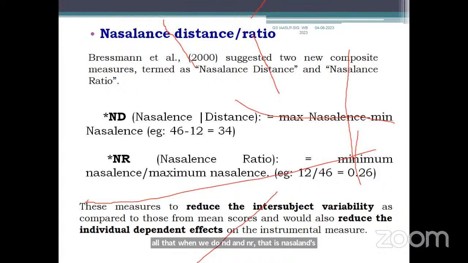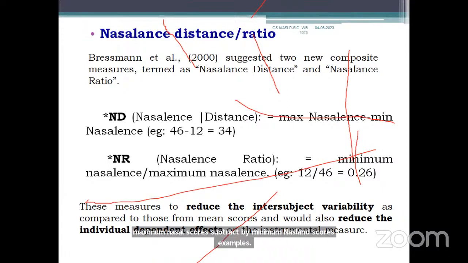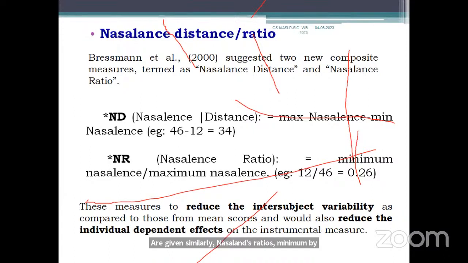Nasalance distance is measured as the maximum nasalance score minus the minimum nasalance score. Similarly, nasalance ratio is the minimum divided by the maximum nasalance score. Again, you need to have your normative for your language. You can have nasalance distance and nasalance ratio for oral sentences, nasal sentences, vowels, and CV combinations.